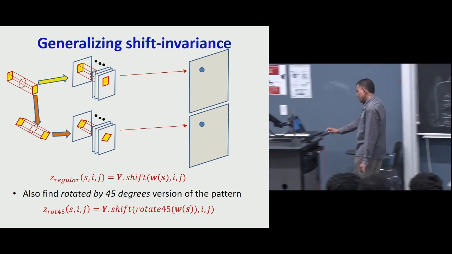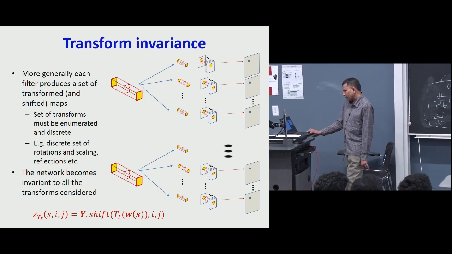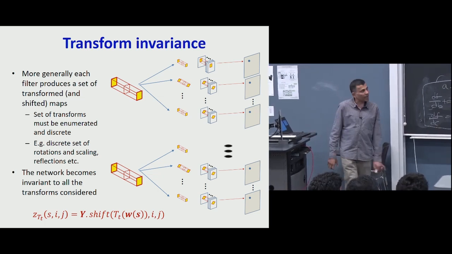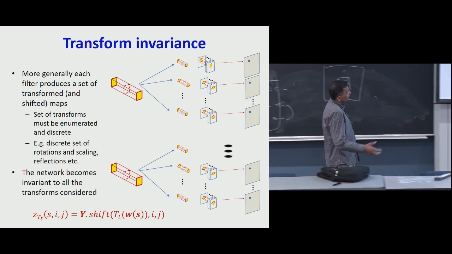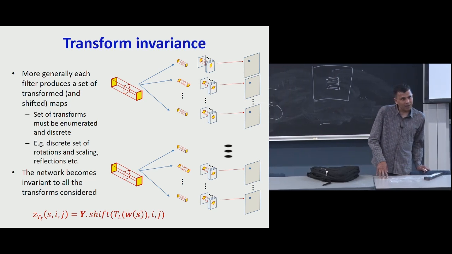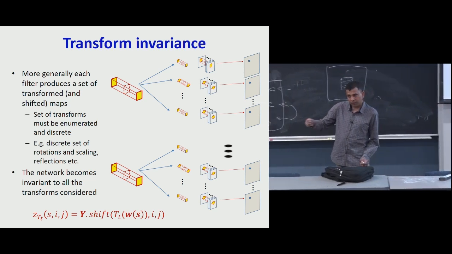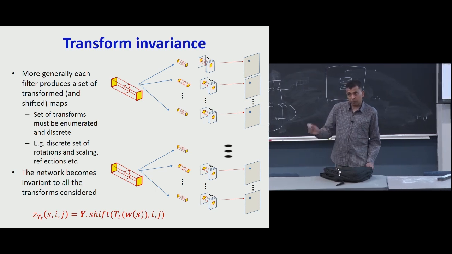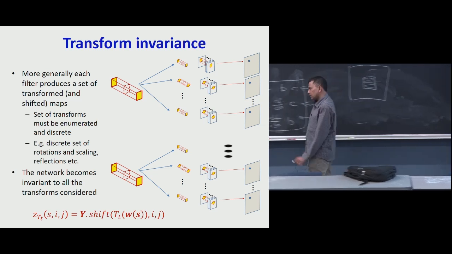So what this means is that each filter produces a set of transformed and shifted maps. The set of transformations must be enumerable and discrete, otherwise this is not going to happen, right? But if I do that, then from each filter I'm going to create many clones, each transformed in a different way, and then I'm going to perform my scan. Yeah? I have to enumerate my transforms.